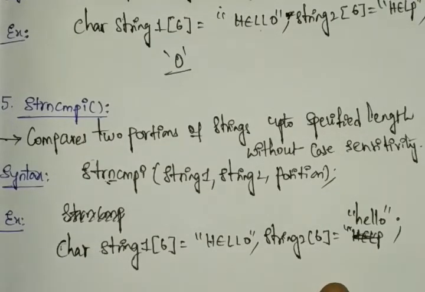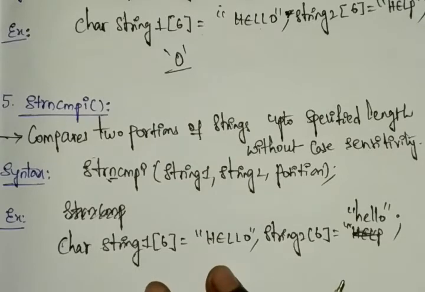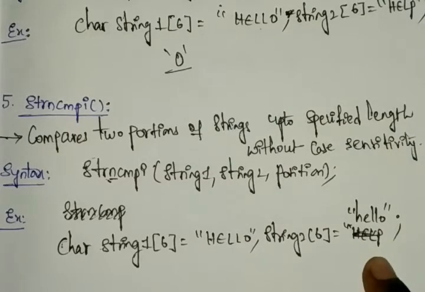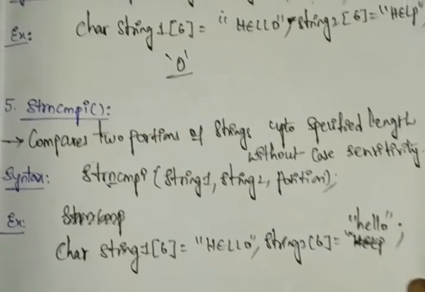Just the starting letter H is compared. It is performed without case sensitivity, so we can write uppercase or lowercase letters. There is no problem with this. It is compared with the first character only. Like this, we can perform this.